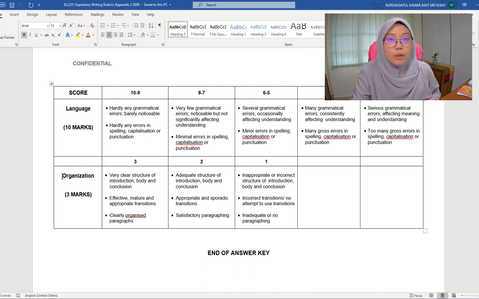And last but not least is your organization, 3 marks. Okay, very clear structure of introduction, body and conclusion, effective, mature and appropriate transitions. So this is what I mentioned before, the cohesive devices or the discourse markers or transitional signals. This is called transition. And then clearly organized paragraphs.